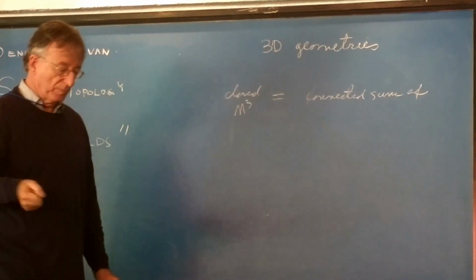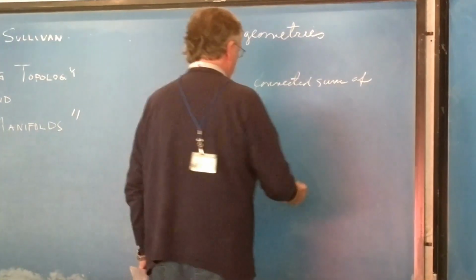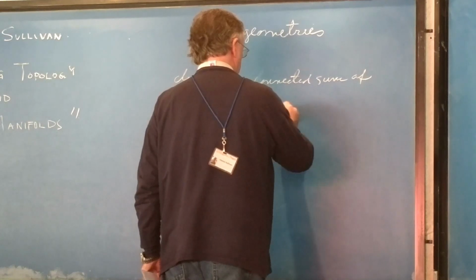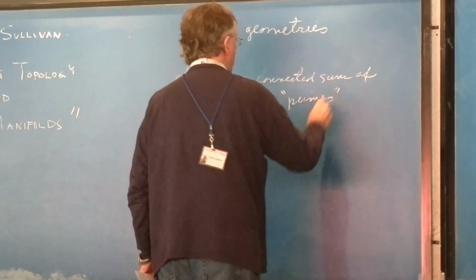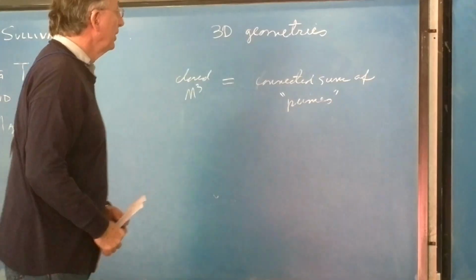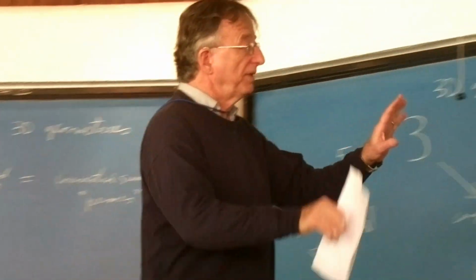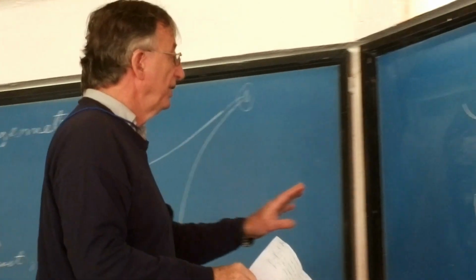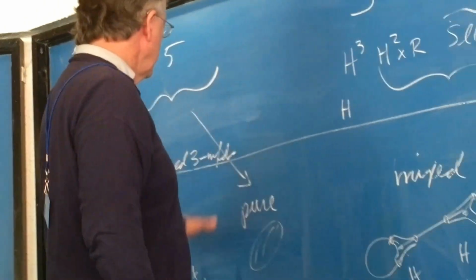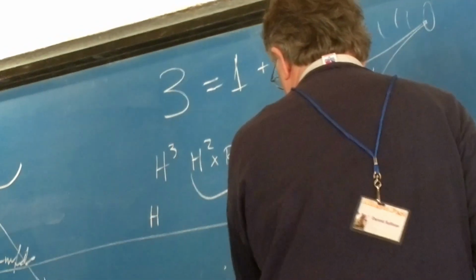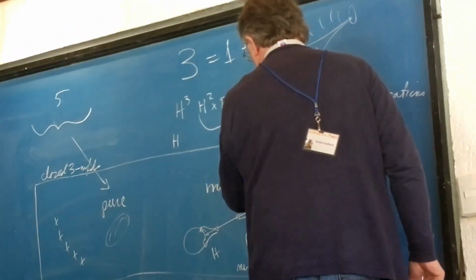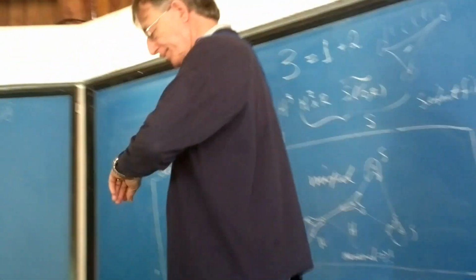They're called primes. And then every prime admits one of these eight geometries, if it's a pure case, or if it's a mixed case, it has this kind of canonical graph and then these two things.